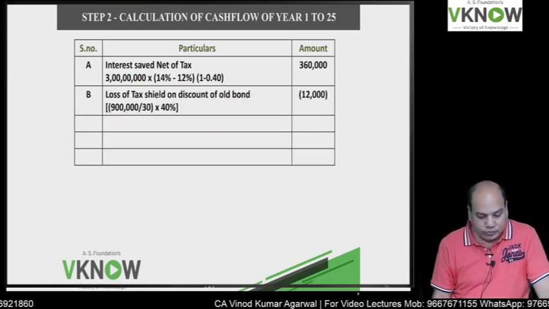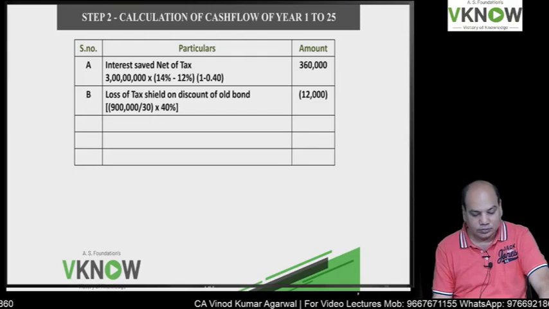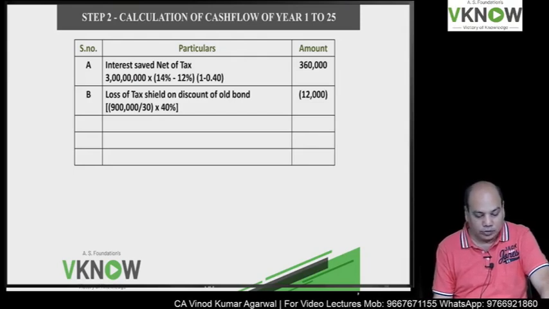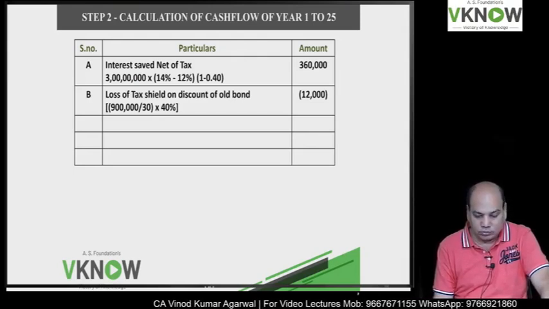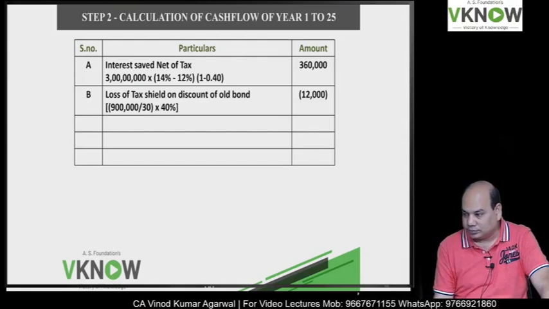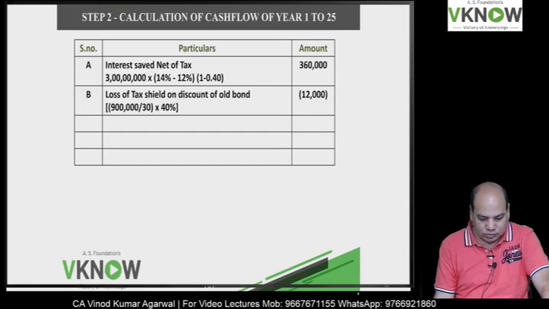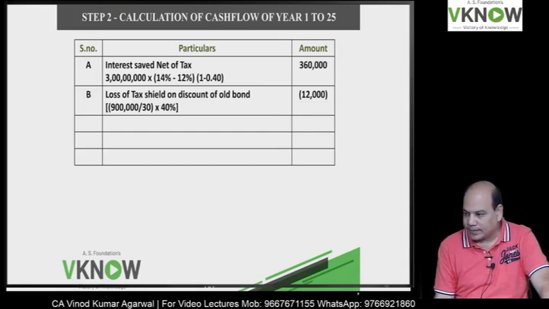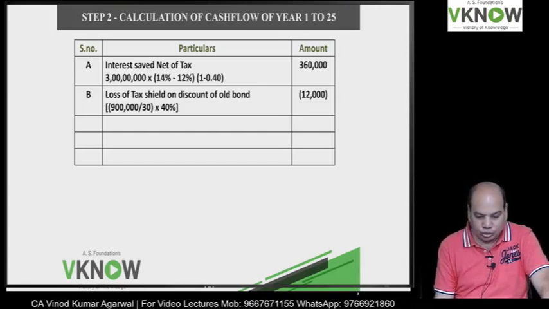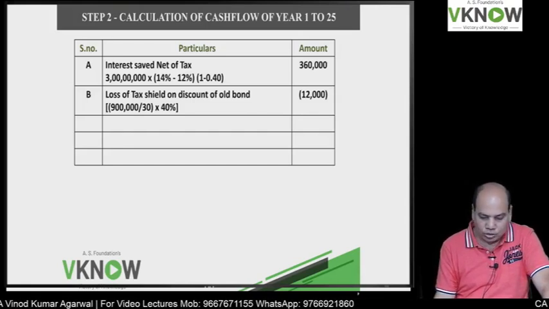Point B, loss of tax shield on discount of old bond.